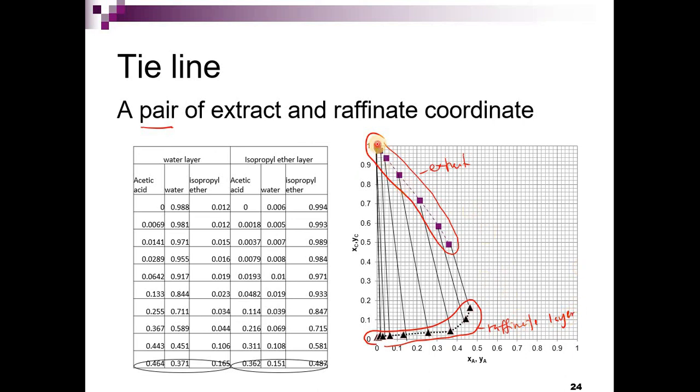The first coordinate of the extract you will match with the first coordinate of the raffinate, so you will get a tie line. Okay, we call it a tie line. You will construct the tie line for each of the coordinates. This coordinate will match with this coordinate and so on, until the last coordinate. So that's what we call a tie line.